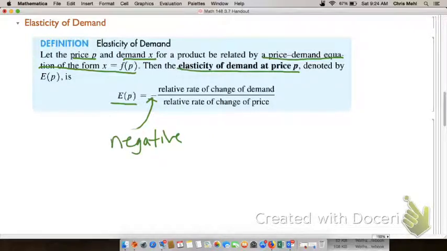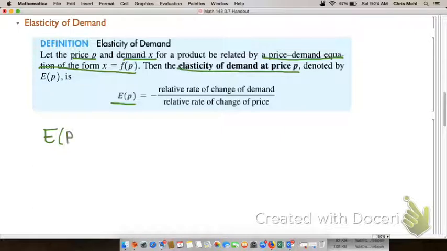But it's the relative rate of change of demand divided by the relative rate of change of price. And notice the elasticity is a function of P. So the price is a function of P, and then so is the demand. We're going to do the relative rate of change of demand divided by the relative rate of change of the price. So what I'll do is we'll derive the formula here.